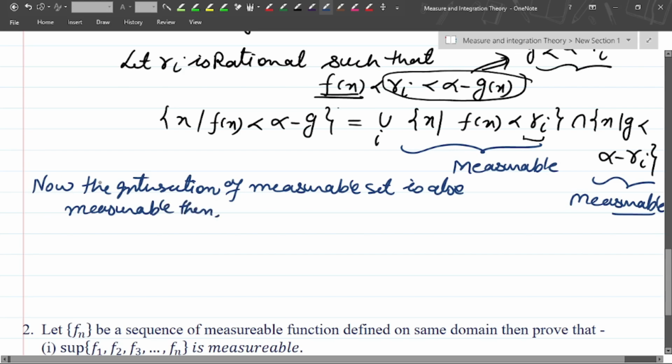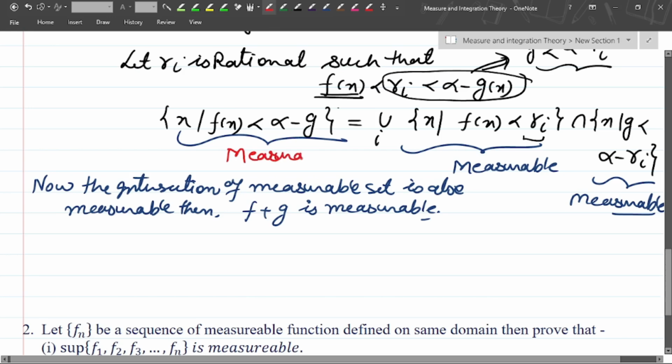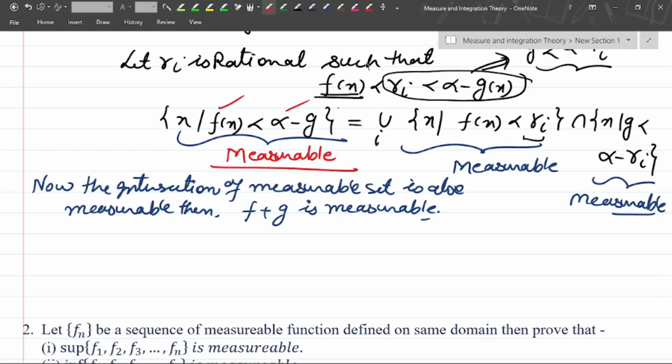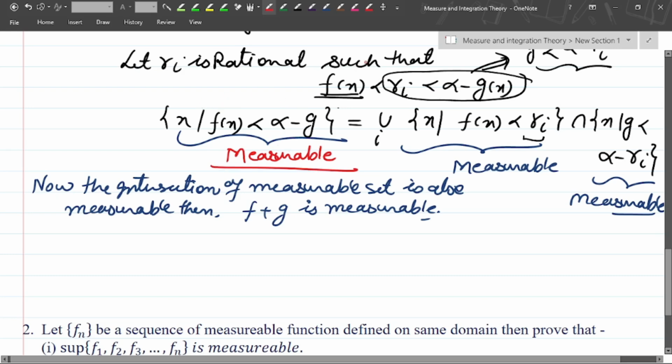Then f plus g is measurable. It means the right hand side is also measurable. So if it is a measurable set, then this is a measurable function. f plus g is measurable.